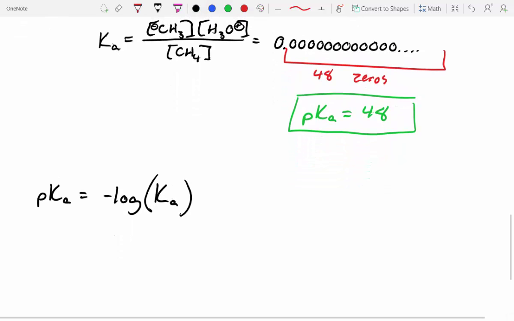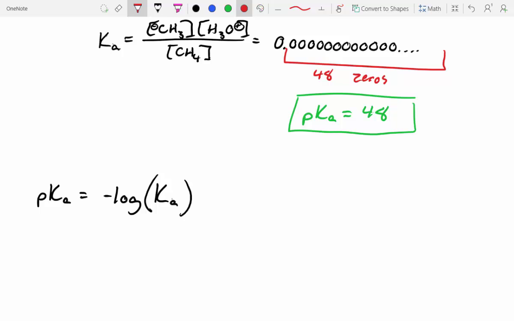Sometimes students will ask me, does that P have anything to do with pH? What do you guys think? Yeah, it's the same mathematical operator. P is always negative log of something. So in the case of pH, that's negative log of your proton concentration or your hydronium concentration in solution.